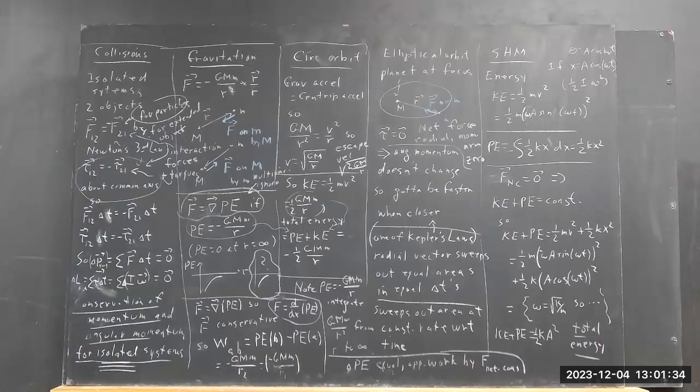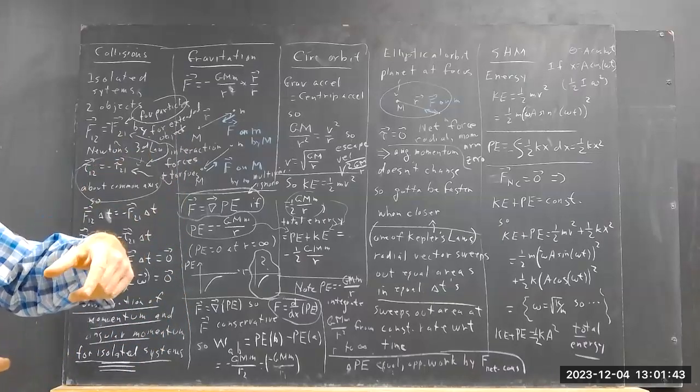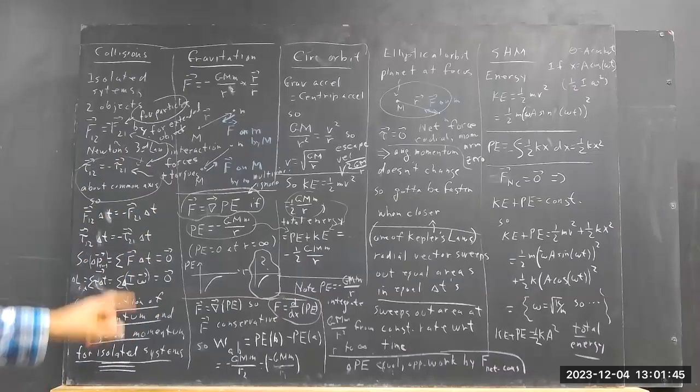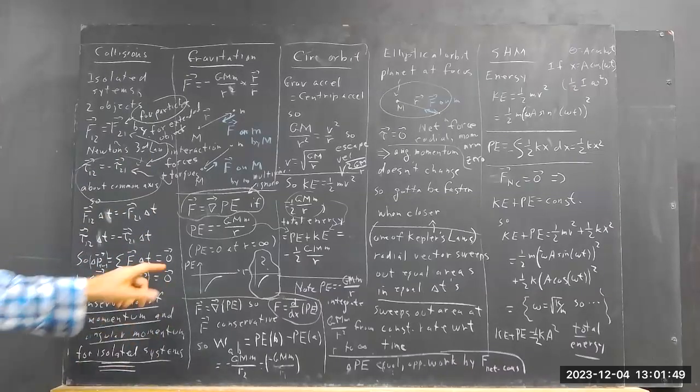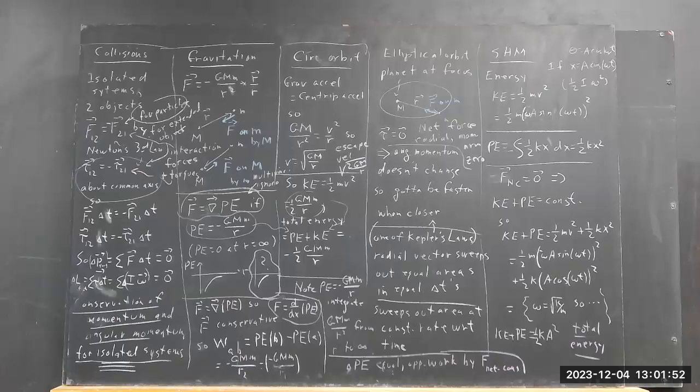Change in the total momentum is a change in all the F delta T's, F delta T's in this, F delta T's in that. Well, the forces are all equal and opposite, so that sum is 0. And torques are all equal and opposite, so that sum is 0.